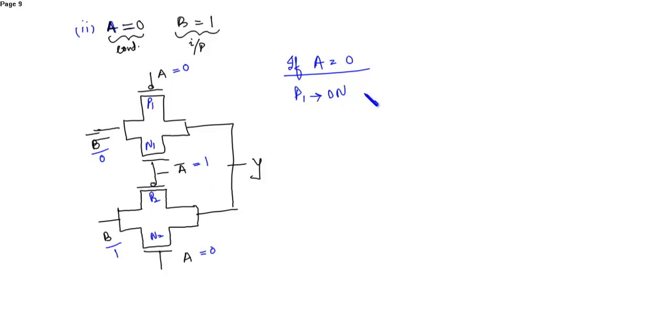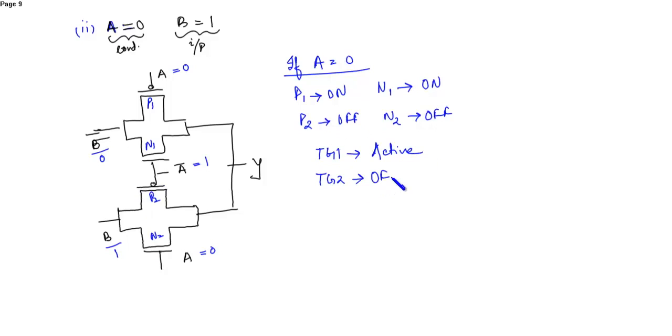If A bar is 1, then N1 will turn on. A bar 1 then. So P2 will turn off, and N2 will also turn off in this case. So what will happen? The transmission gate 1 is again active, while the transmission gate 2 is off.